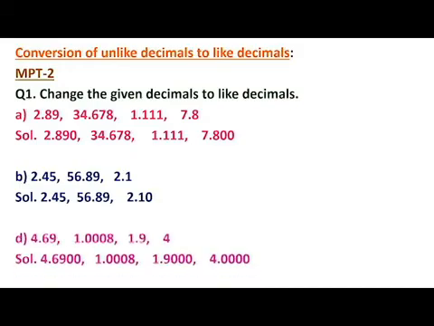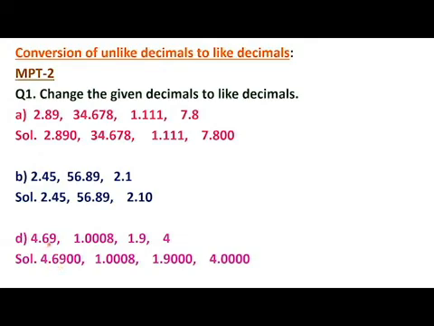Similarly, we'll do the third one also. You can see 4.69, 1.0008, then 1.9, then 4. The maximum number of decimal places in all these numbers is in this one, 1.0008. After the decimal we have 4 digits, 4 decimal places. So everywhere in all the numbers we will add 0 and make them 4 decimal places.